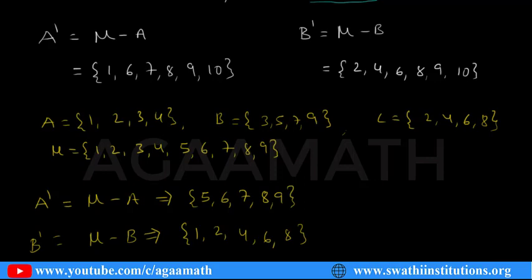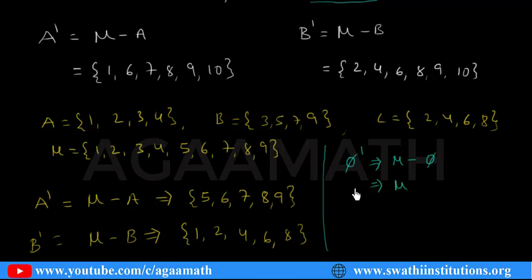Let us remember a few more things about the universal set. What is this symbol? Empty set. What is the complement of the empty set? The complement of the empty set is mu minus the empty set, which means only in the universal set but not in the empty set. It is nothing but the universal set.